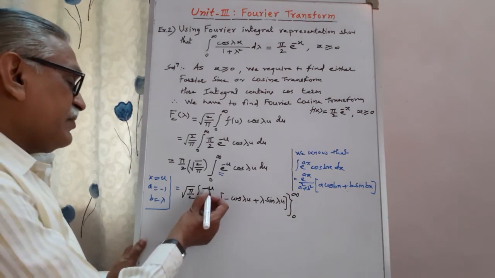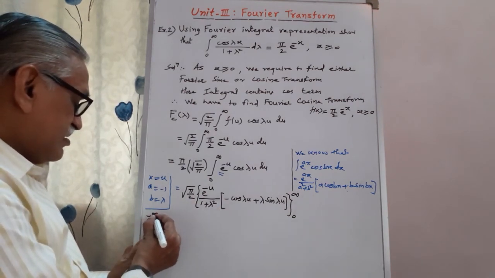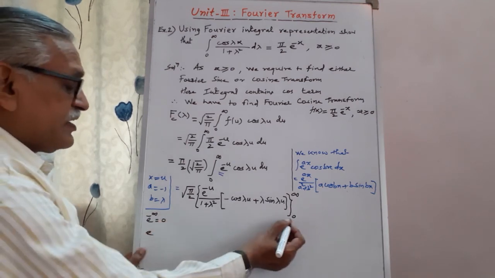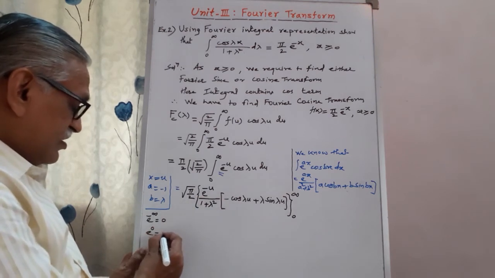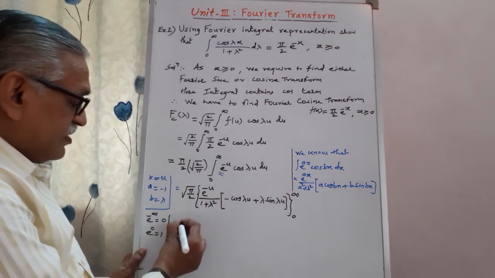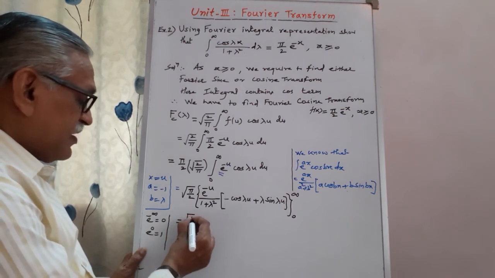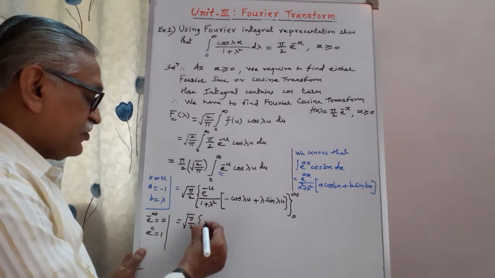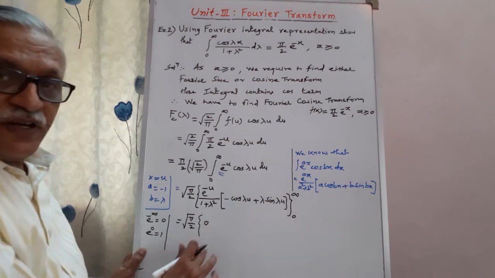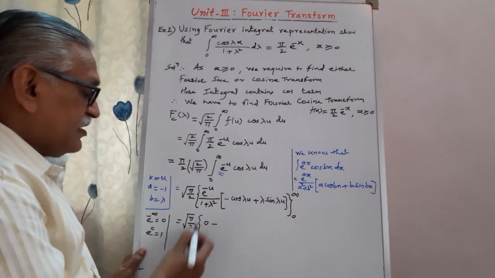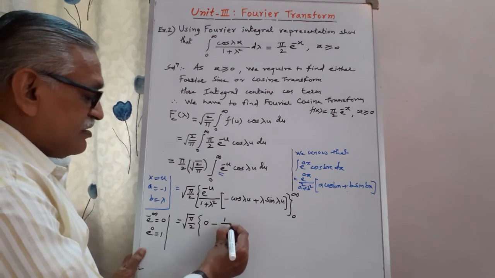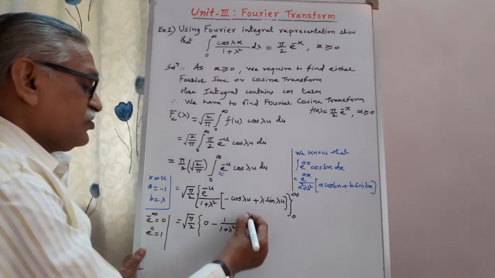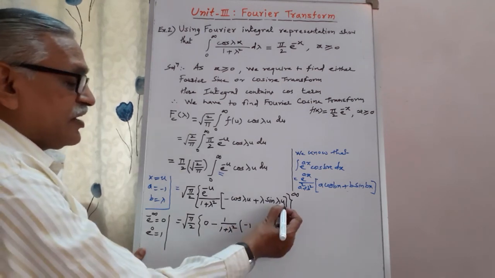Once again, for the upper limit it becomes e raised to minus infinity, and we know that its value is 0. For the lower limit it is e raised to 0, which is 1, and therefore it is root of pi by 2 times: e raised to minus infinity is 0, 0 multiplied by any term gives 0, minus e raised to 0 as 1 divided by 1 plus lambda square, cos 0 is 1, therefore minus 1, sin 0 is 0.